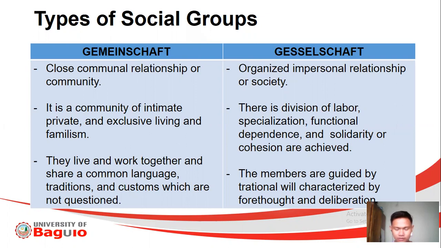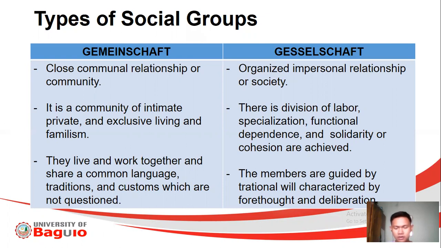So yan nga, we have the second definition here: it is a community of intimate, private, and exclusive living and then familism. So meaning, yun pa rin, there is love, there is care for each of the members, and they live and work together and share a common language, traditions, and then customs which are not questioned. So meaning, everyone accepts the rules and regulations, whether written or unwritten.